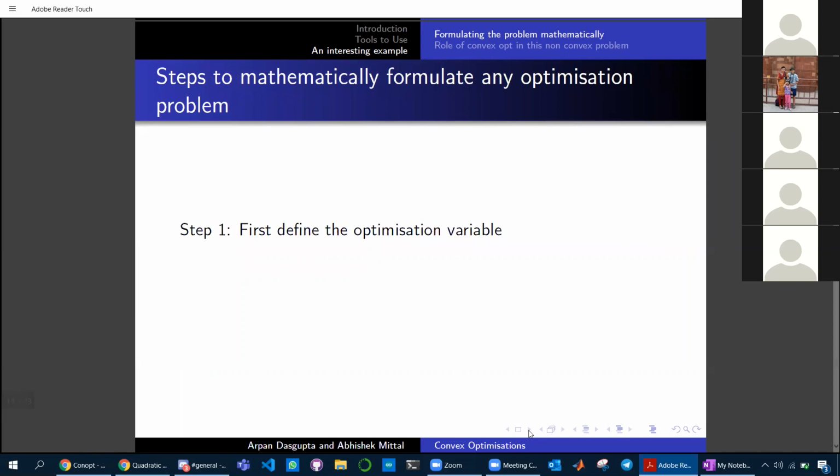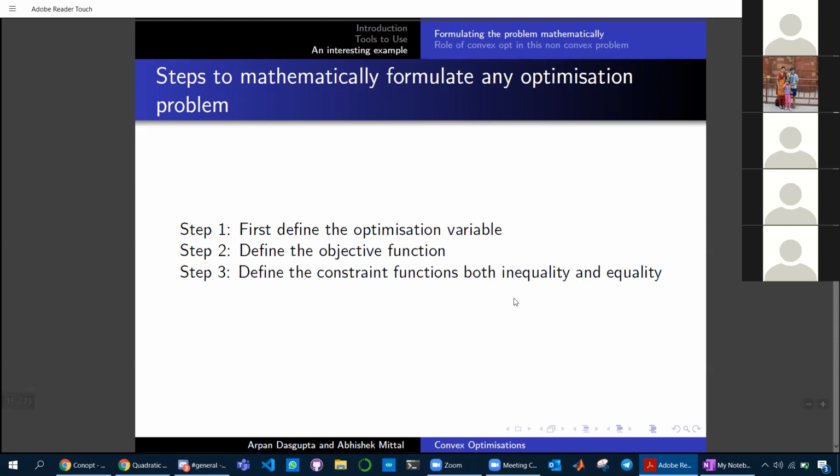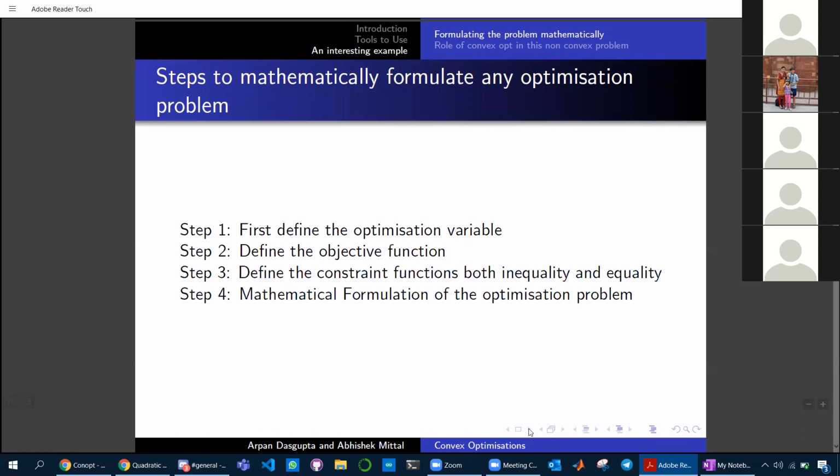The steps to mathematically formulate any optimization problem are to first define the optimization variable, the feasible solution set, and how the vector is going to define your partition. Then we'll define the objective function, the constraint functions, both inequality and equality if they exist, and then we'll do a final mathematical formulation of it.